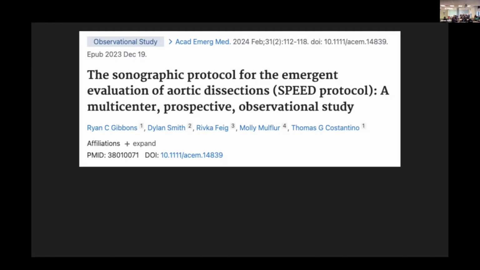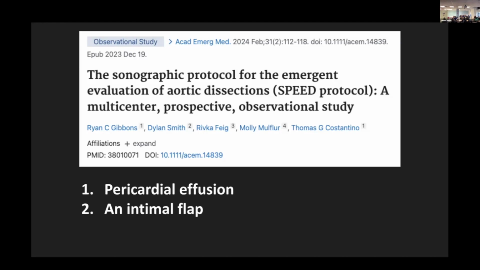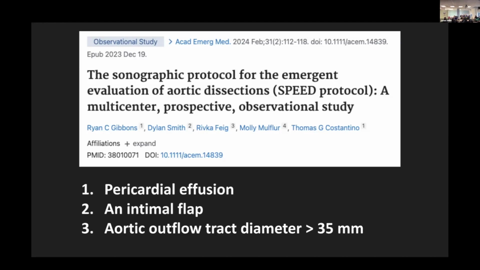And there were 3 findings that increased their likelihood of having a dissection. These 3 findings were a pericardial effusion, an intimal flap, of course, and then an aortic outflow tract diameter greater than 35 millimeters. Essentially, we're not going to measure this, but we're going to eyeball it and say that aorta looks huge compared to the RV or the LA.